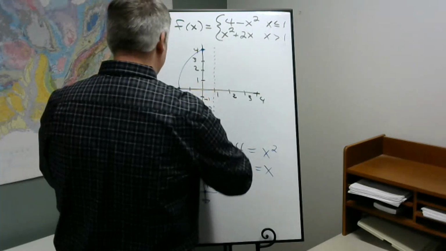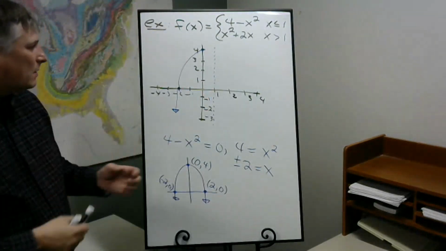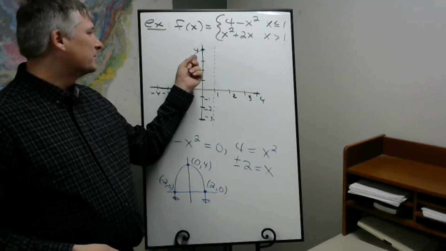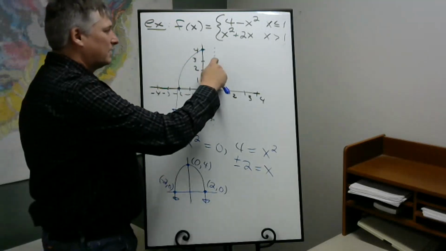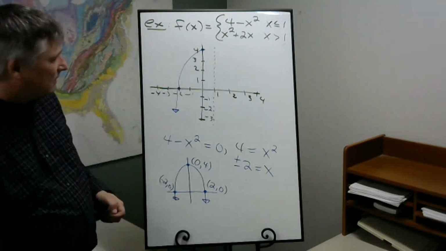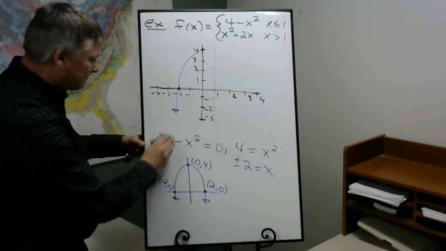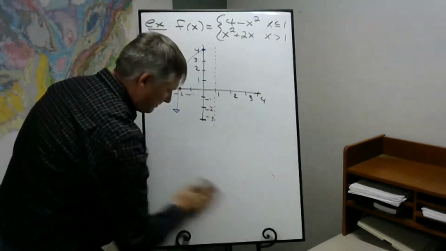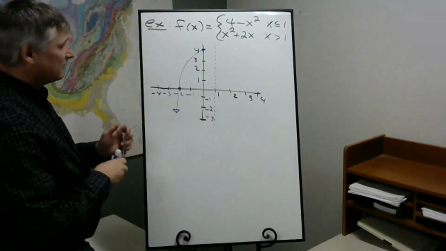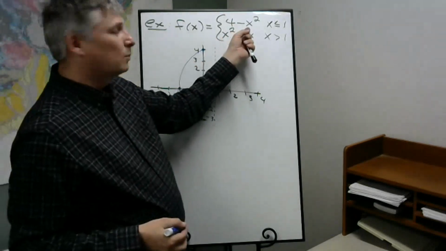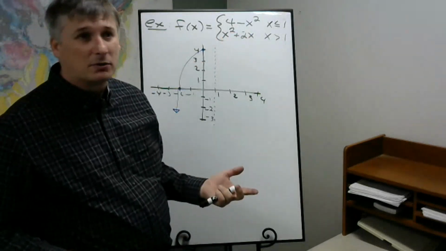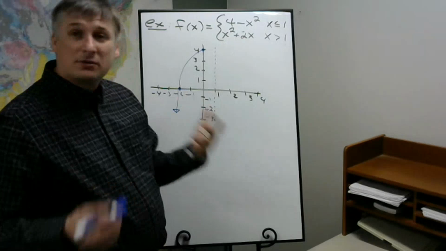Roughly speaking, something like that. But now what we want to do, we want to determine where this thing hits our boundary. Now the boundary is at x equals 1. So we got to substitute in x is 1 to find out the y value of where we reach this boundary.